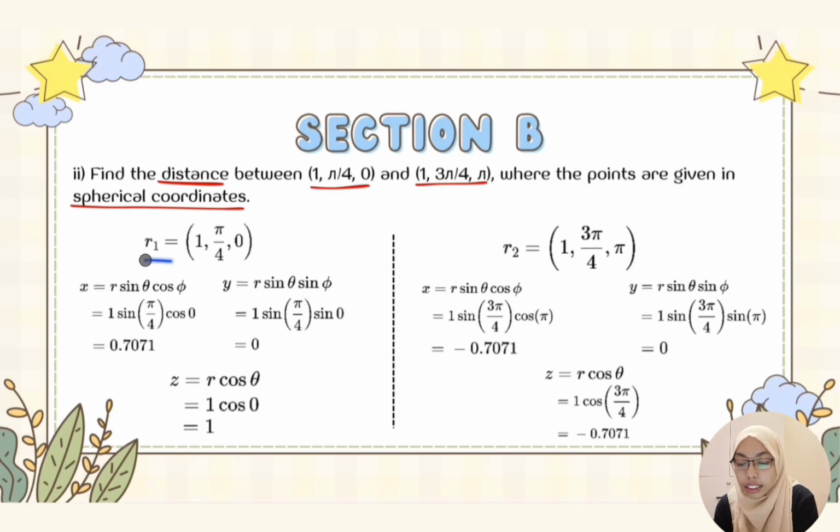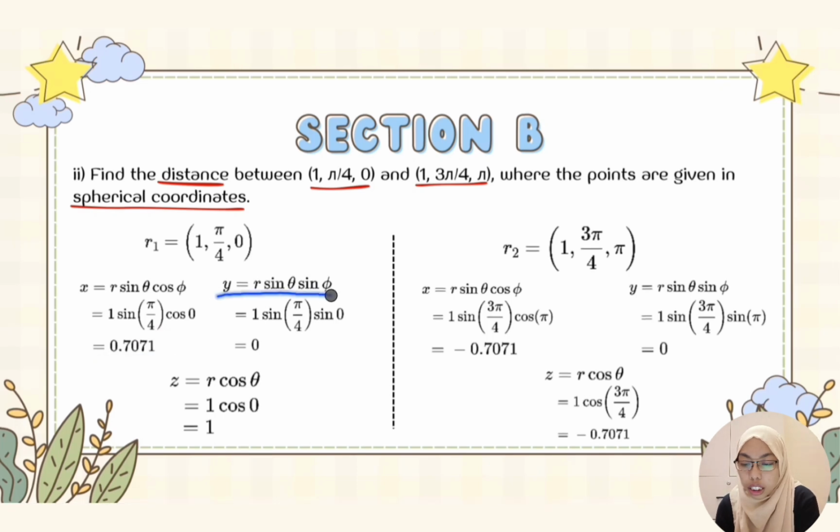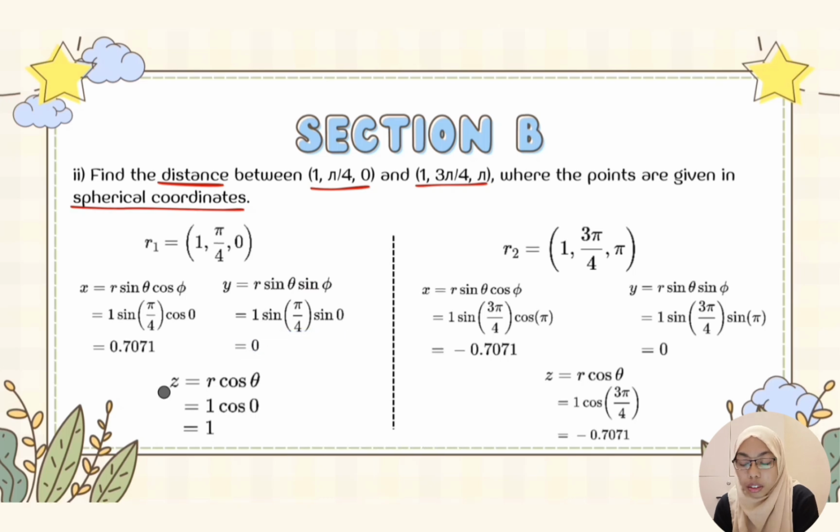So, for r1, x equal to r sin theta cos phi equal to 1 sin pi over 4 cos 0, and we can get 0.7071. Y equal to r sin theta sin phi equal to 1 sin pi over 4 sin 0, and we can get 0. Z equal to r cos theta equal to 1 cos pi over 4, and we can get 0.7071.